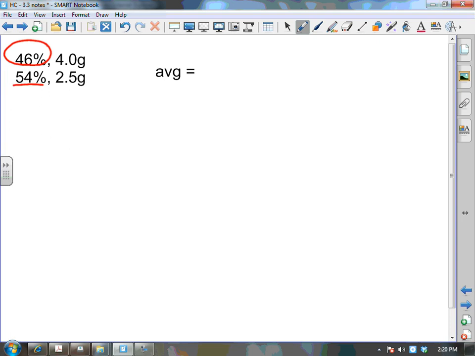Again, it's not 4.0 plus 2.5 divided by 2, because there are not equal amounts. What are we going to do here? We're going to take 4.0 times the decimal equivalent plus 2.5 times the decimal equivalent.